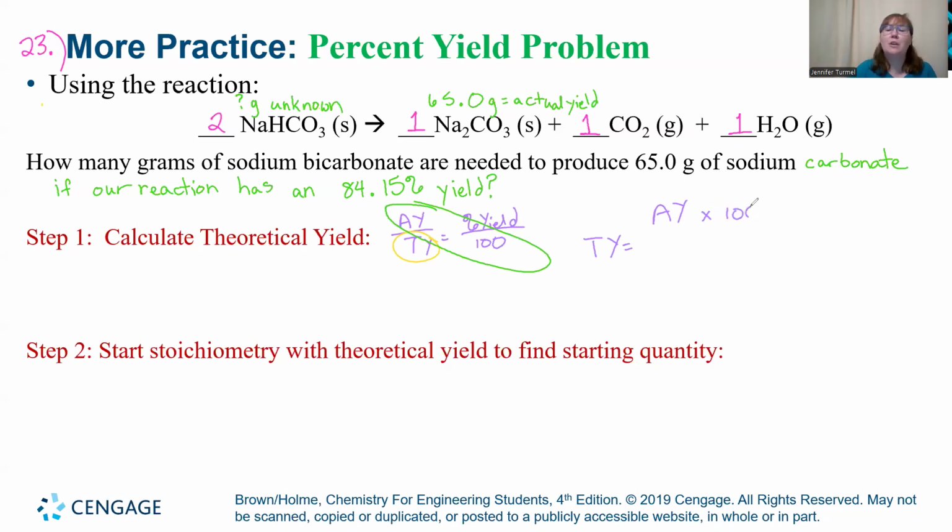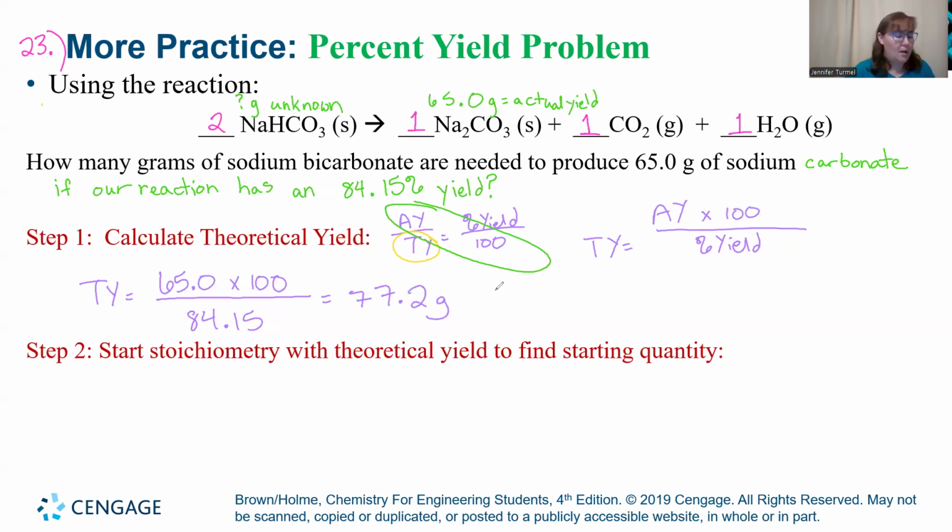So we calculate our theoretical yield by taking our actual yield, which is 65 grams, times 100, divided by my percent yield, 84.15. And that gets me 77.2 grams of sodium carbonate.